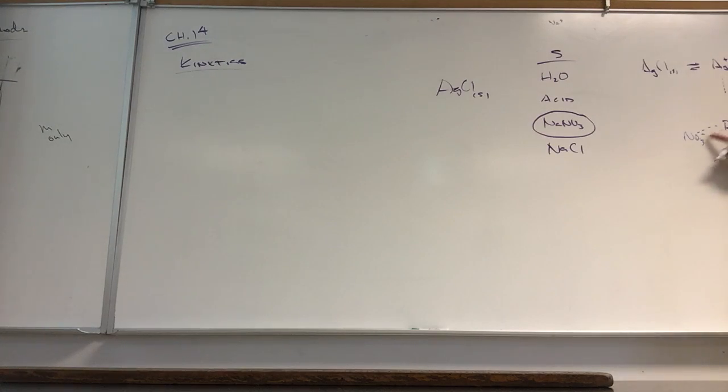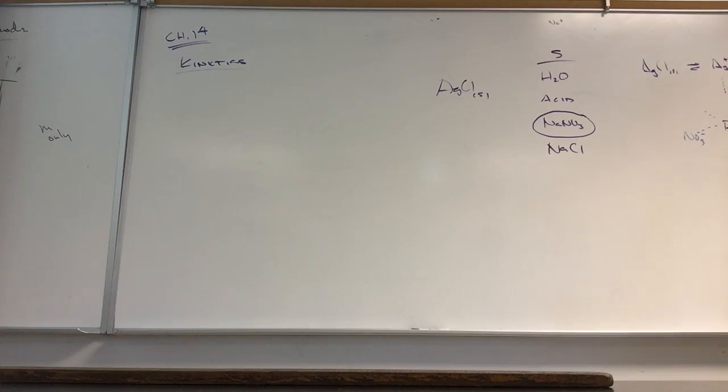However, this is not an actual bond. This is just an electrical attraction. That's all. And therefore, we aren't going to have another equation. We got to take this into consideration, and that is, what is the activity of silver ions in pure water versus the activity of silver ions in sodium nitrate? It's different, right? The activity of silver ions in pure water would be higher or lower than in sodium nitrate?